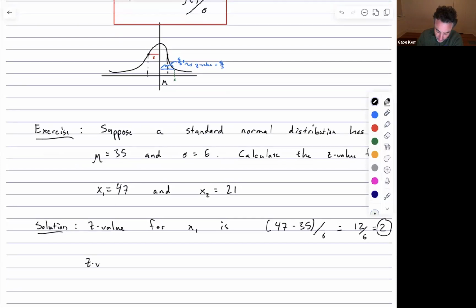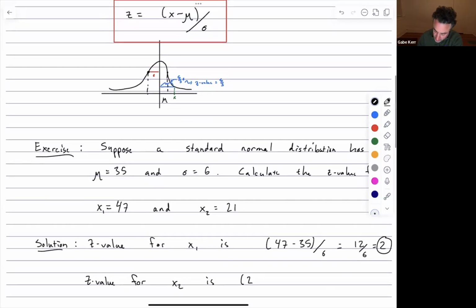The z value for x2 is, again, we just use the formula. We're going to put x2 in for x. Let me bring this formula down so it's visible. We take 21 minus 35, divide by 6. So that's negative 14 over 6, which is minus 2 and 1/3.